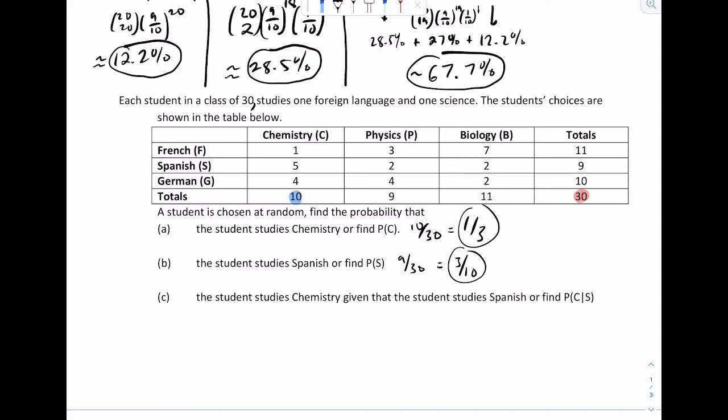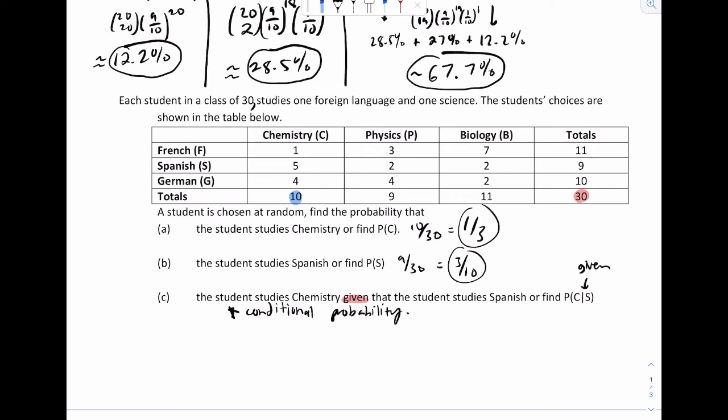So nothing really crazy so far. It's pretty easy. But now it says the student studies chemistry given, that's important, that the student studies Spanish. Or if you've taken stats, the probability of C given S. So that vertical line means given. A question like this is called conditional probability.